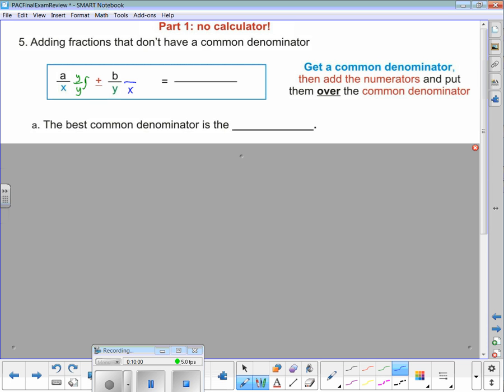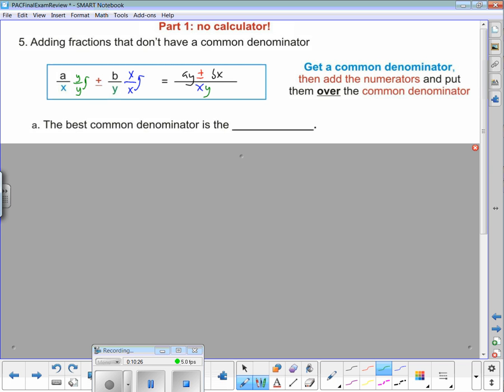Austin, you were so close. You just had to switch them. And whatever you do to the bottom, do the same thing to the top. And now I have a common denominator. And now I will add the numerators. Take my red for my plus minus, Dx over, and I'll use my blue for my x and my green for my y, my common denominator of xy.